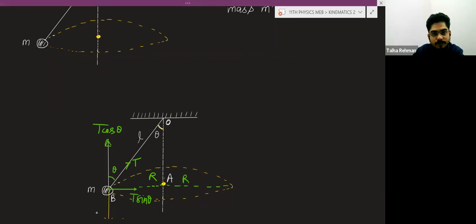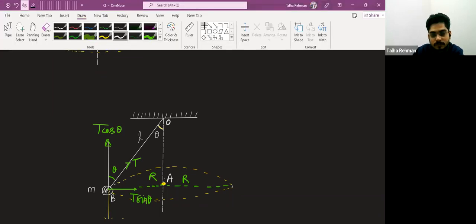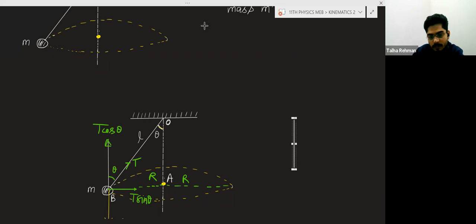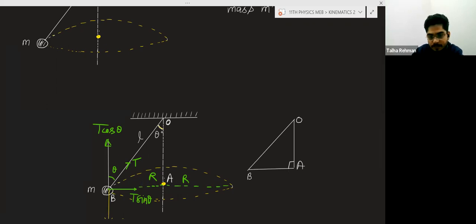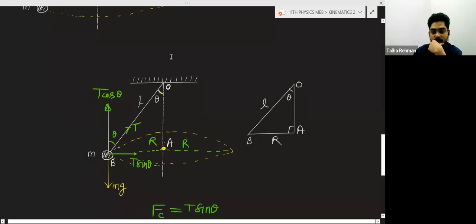Triangle OAB has this angle as 90 degrees, and this angle is theta. This is R, and this is the length of the string. So from here you can find the value of R in terms of length.